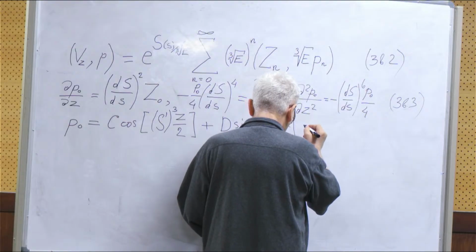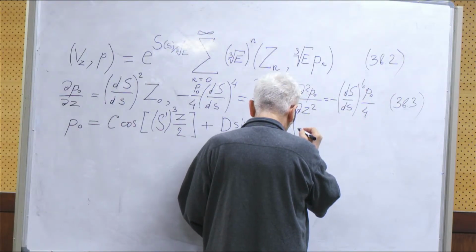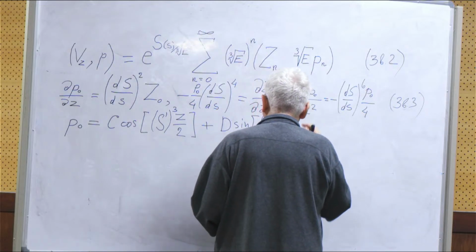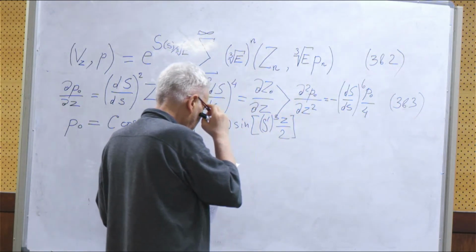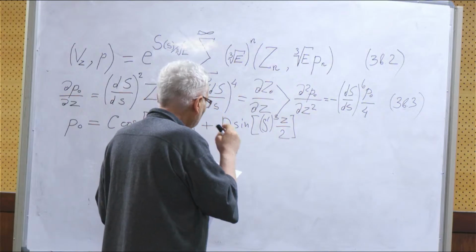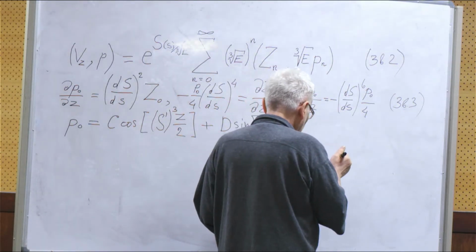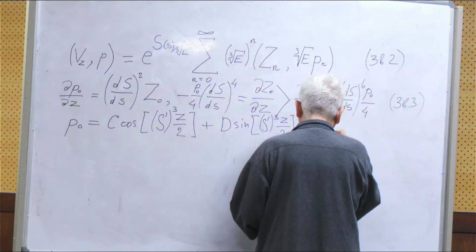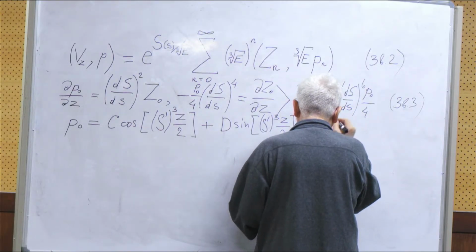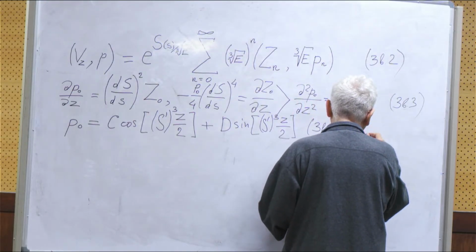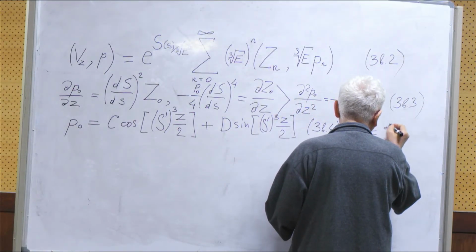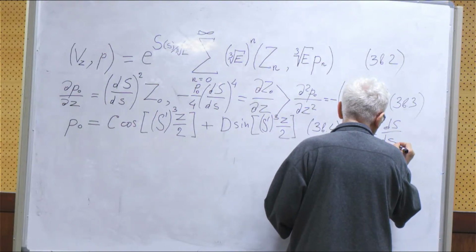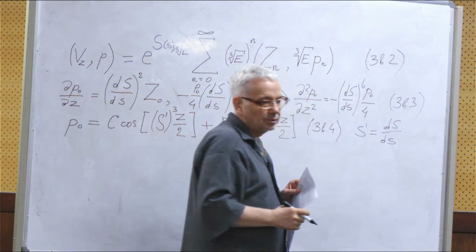Okay, and this is formula 3b4. And just to remind you that S prime is simply the derivative of capital S over small s.